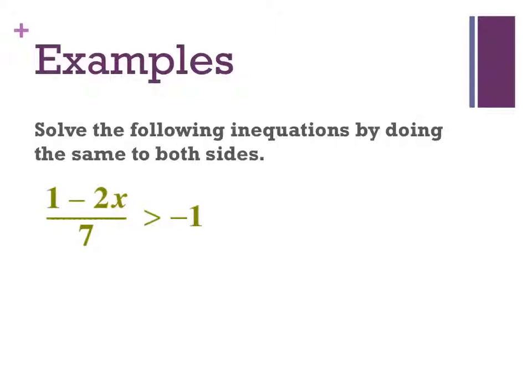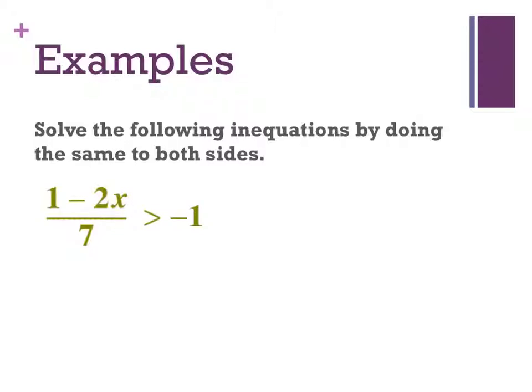Last example, okay? This one here is a tricky one. It's going to involve a few steps. It's saying everything on the top is divided by everything on the bottom. Okay, so I don't get rid of the 2 from the x, I don't get rid of the subtract 1, I actually have to get rid of the 7 because that is the thing on this left-hand side that is furthest away from my x.